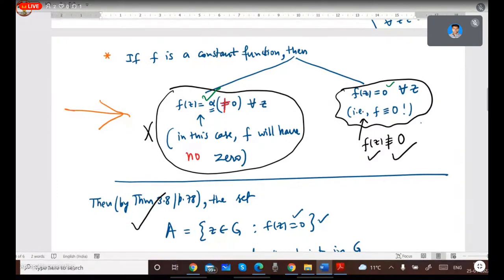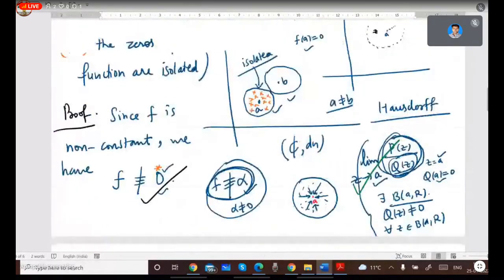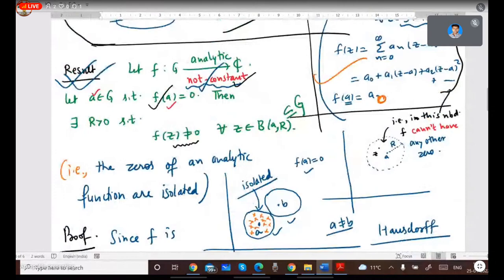But if our function is of this type, then certainly there will be no z at which the value of the function can be zero, because by our choice alpha is non-zero, so you can't have any value of z at which the function can be zero. Yes or no? Yes, sir. And that will be against the given fact that there is one element at which the function is vanishing.